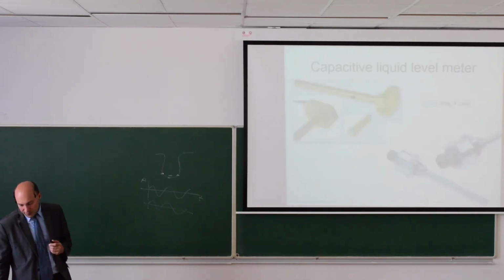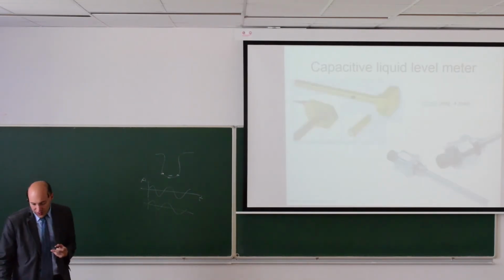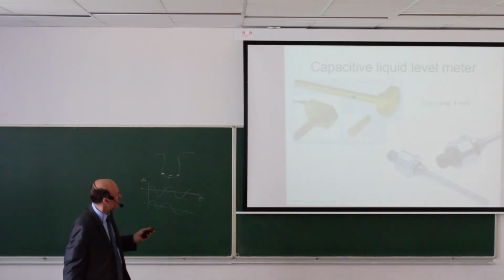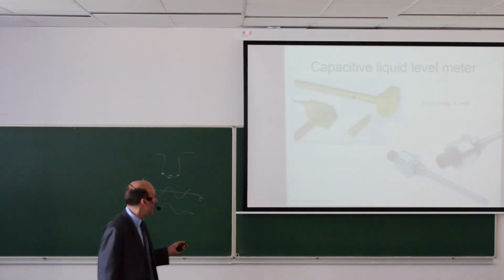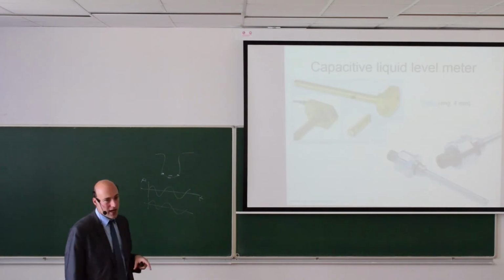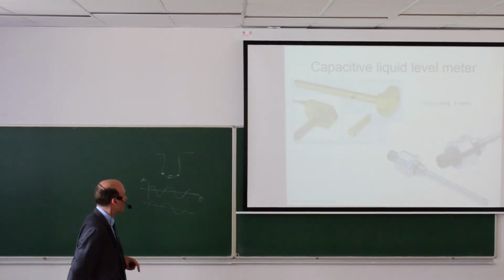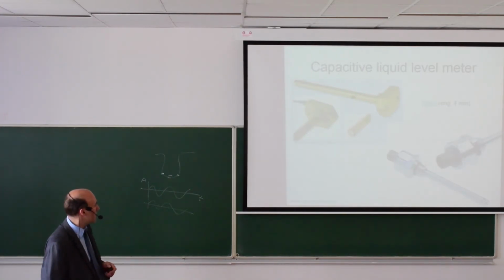Here are a few examples of such sensors. This is a sensor for gasoline in a tank of a car, for example. So here you see this tube is hollow, and the liquid can enter through those small holes inside of the assembly.